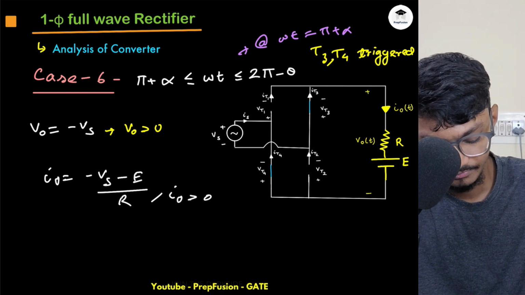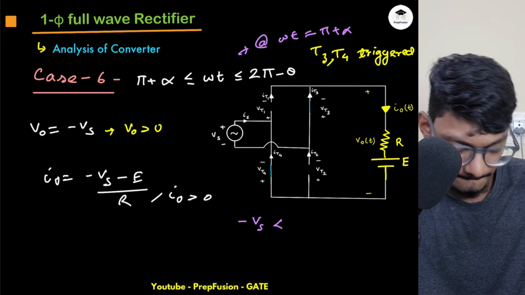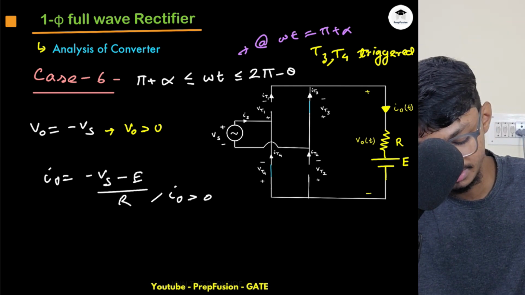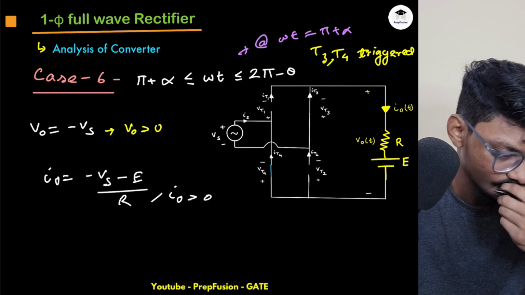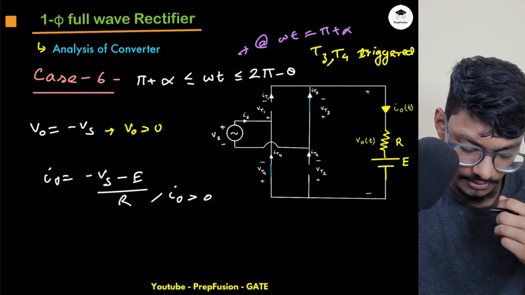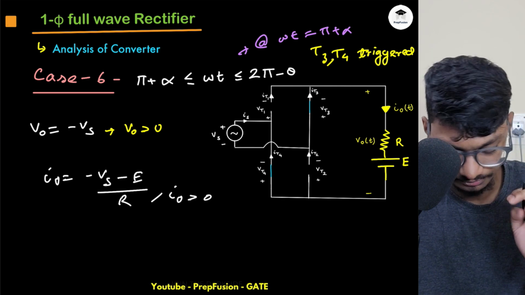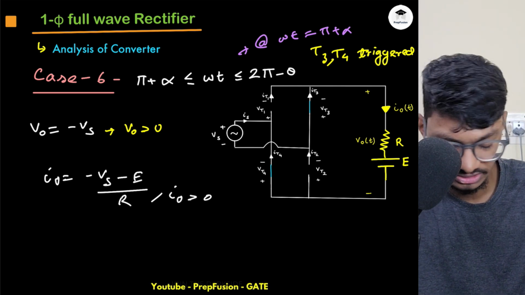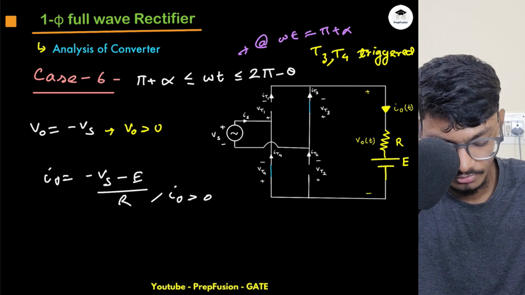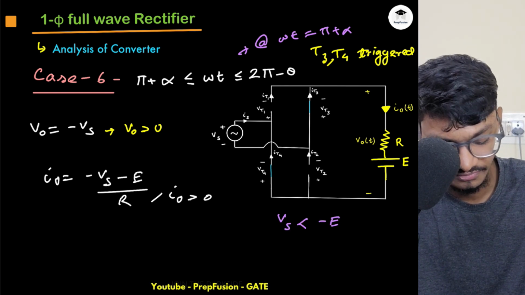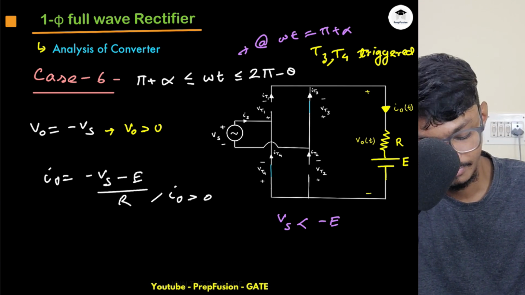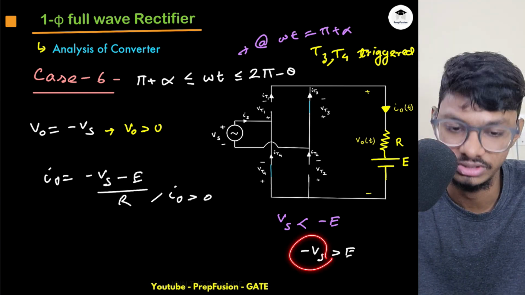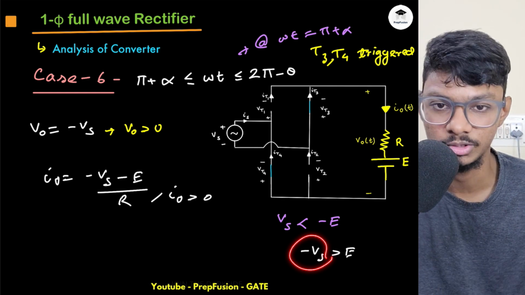Why will IO be greater than 0? Because in this whole region, VS is less than minus E, or I can say minus VS is greater than E. Minus VS in itself is a positive number because VS is negative, right?